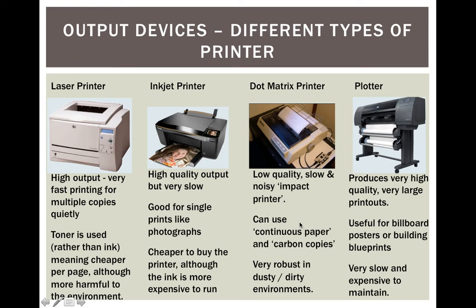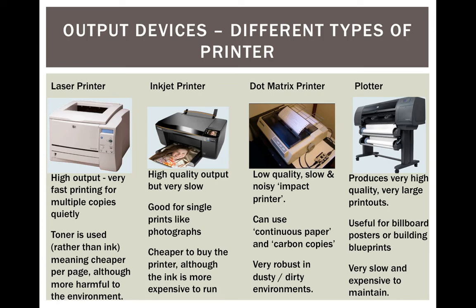So where you have two sheets of paper, and when you write on the top one and you separate them, you can see it on the underneath piece of paper. That's called a carbon copy. And you can print like that on dot matrix. The other benefit of dot matrix printers is that they're very robust in dusty or dirty environments.